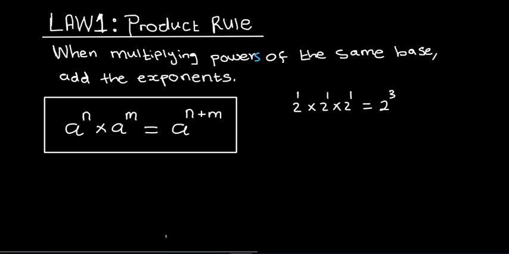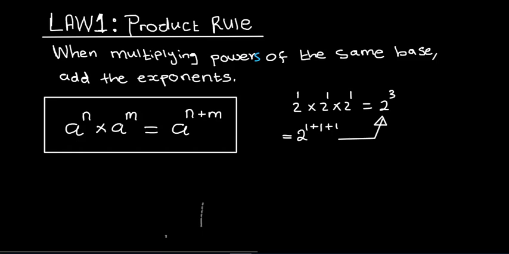When you multiply the 3 twos with an exponent of 1, you just add the exponents. So you said 2 to the 1 plus 1 plus 1, which was equal to 2 to the exponent of 3.